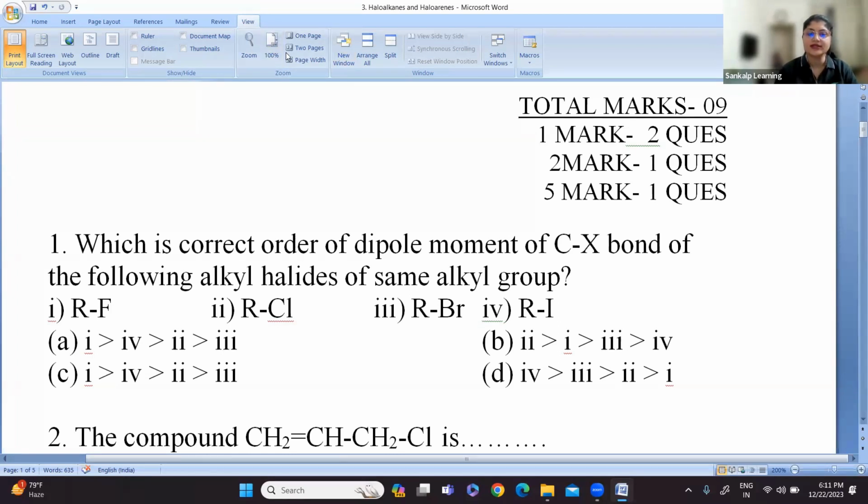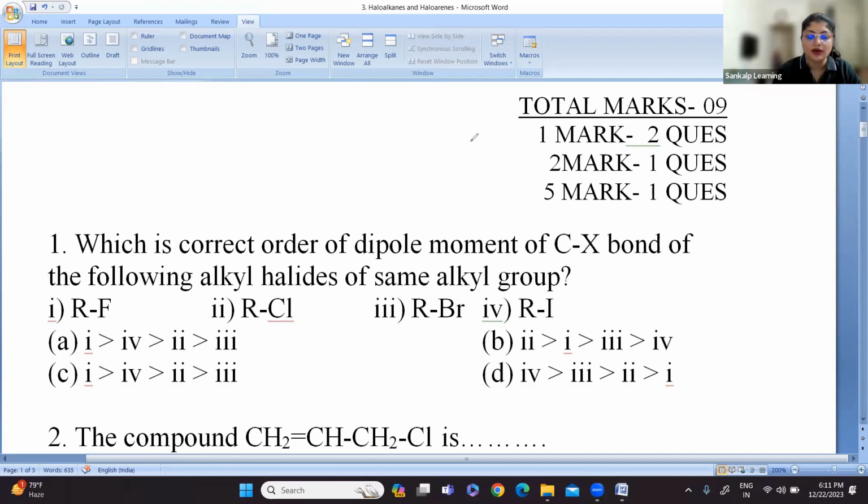So dipole moment is determined by how? For a particular molecule, the dipole moment is determined by the magnitude and direction of the individual bond dipoles within the molecule, right?